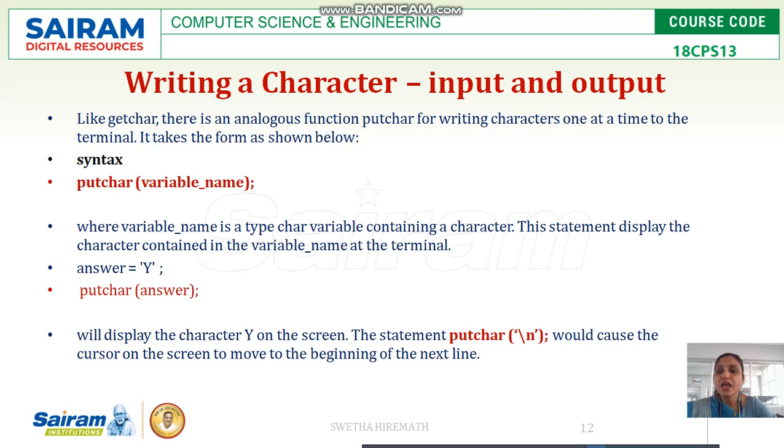For example, if we give answer equals y, we are already assigning y as the character value for the variable answer. If you want to print that character, then putChar, within the brackets, the variable name, that is answer, followed by the semicolon. It will display the character y on the screen. The statement putChar of /n would cause the cursor on the screen to move to the beginning of the next line.